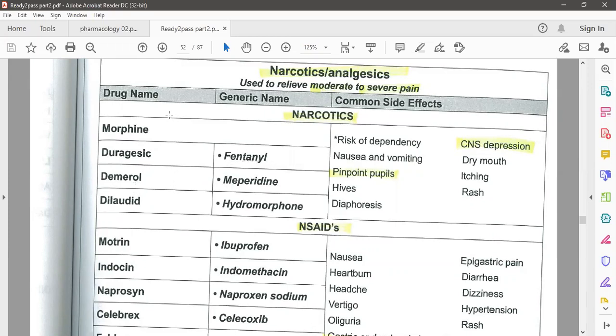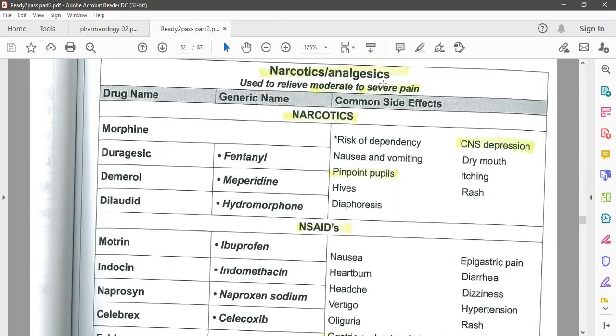They are also members in this group. Indication of morphine: we use it to relieve moderate to severe pain and promote sedation. The patient feels good and it helps with sleep.